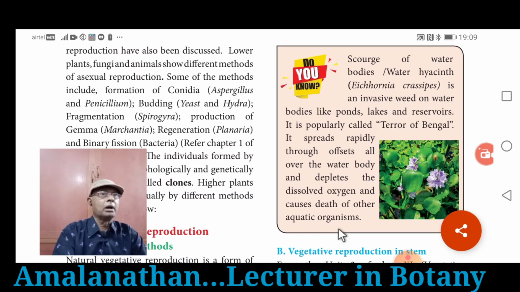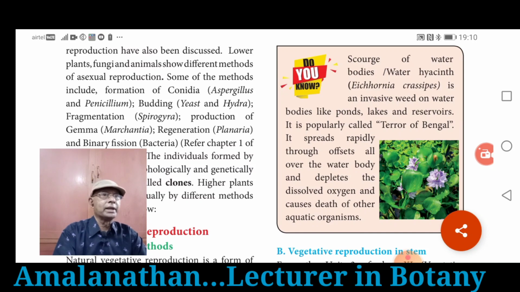Some of the organs involved in vegetative reproduction serve as organs of storage and perennation. What is perennation? Perennation is the ability of an organism to survive from one growing season to the next season.